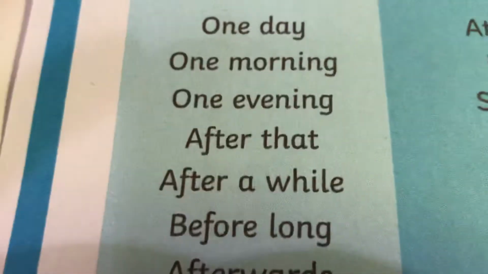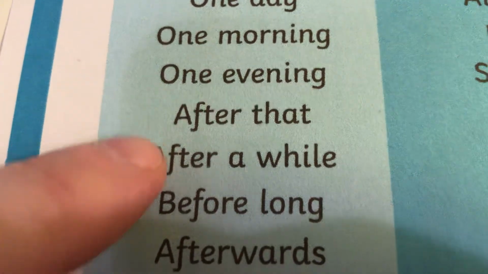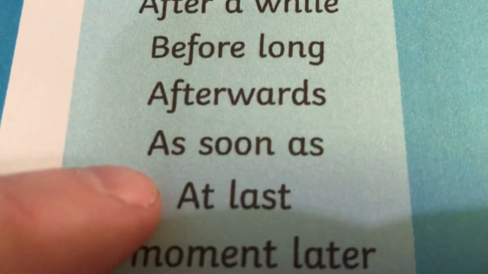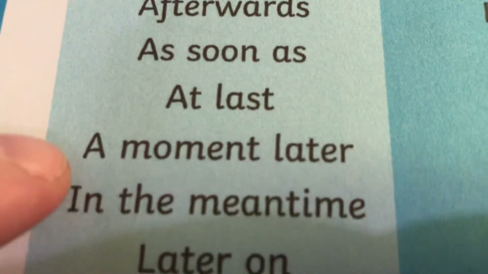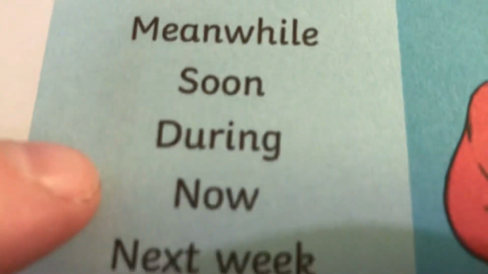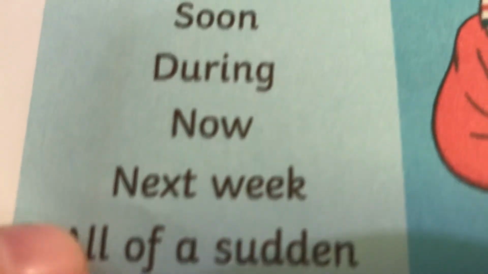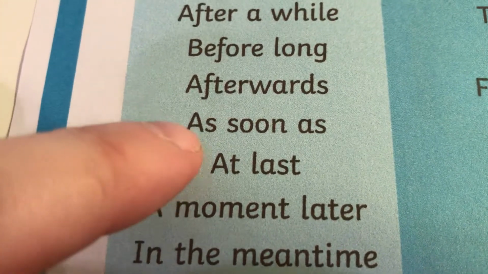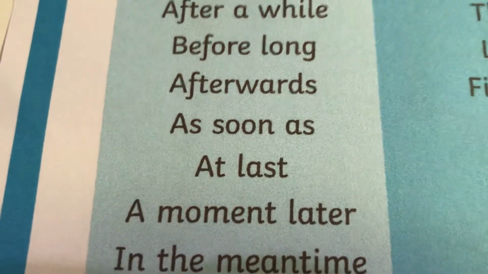But I could use sentences like after that, after a while, before long, afterwards, as soon as, at last, a moment later, in the meantime, later on, meanwhile, soon, during, now, or all of a sudden. I think I'm going to start my writing today with as soon as, because as soon as Zara's bead of sweat hit the ground, the tree started to change. So that's how I'm going to start my writing.